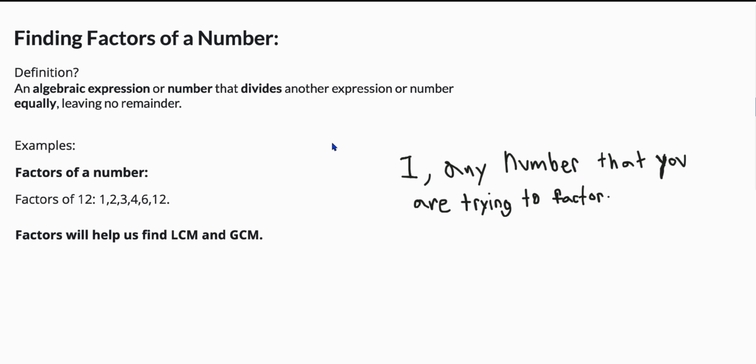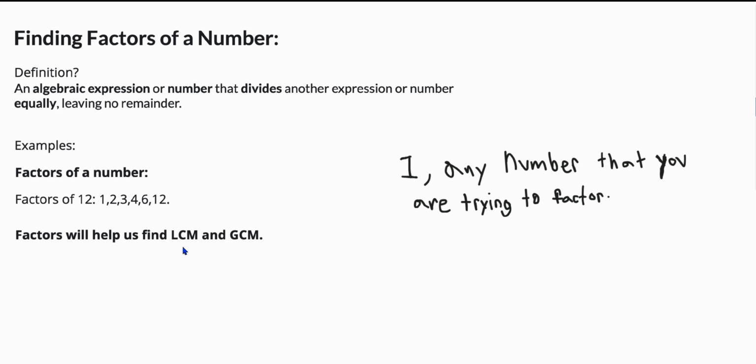So now, how will factors help us? Factors will help us find LCM and GCF. These two, LCM and GCF, are not what I'm going to talk about in this video.